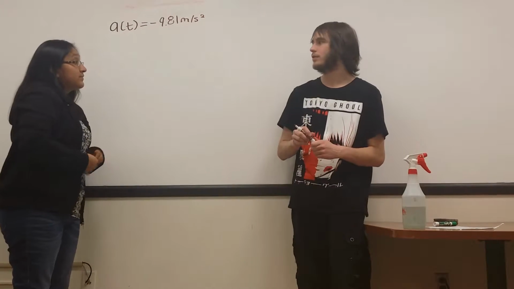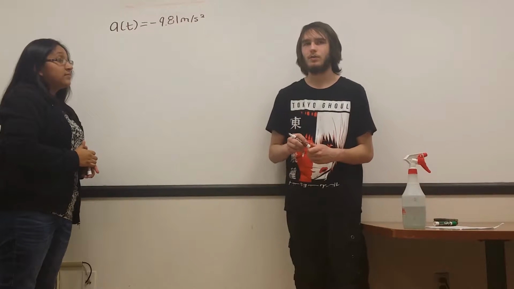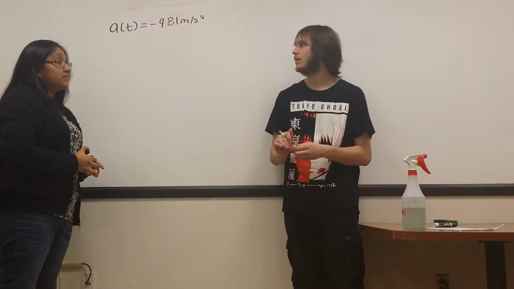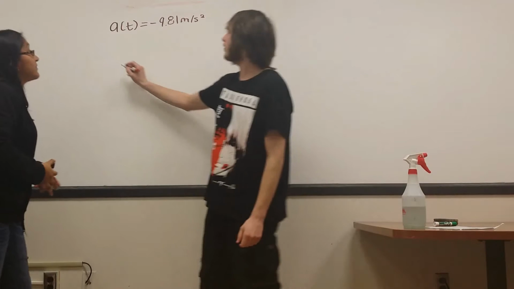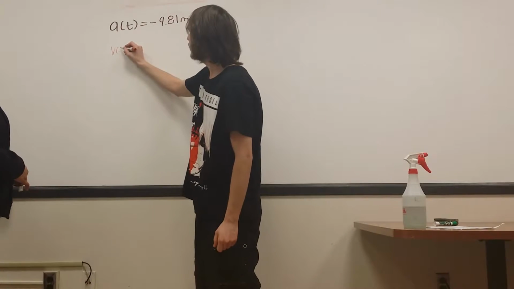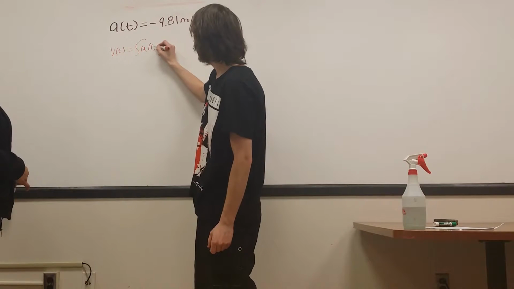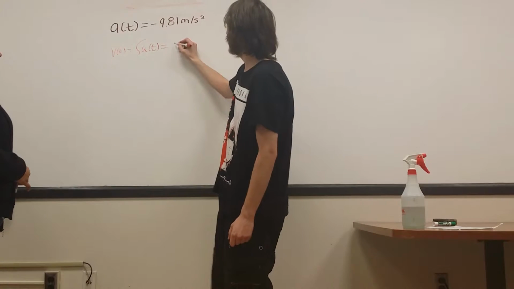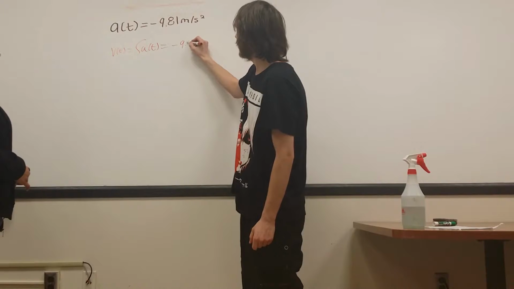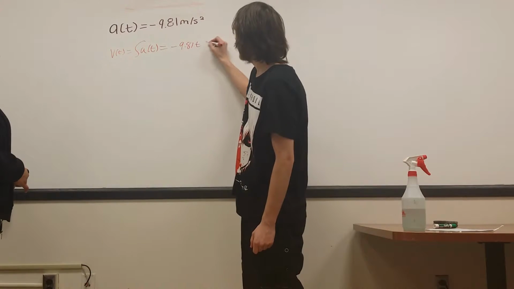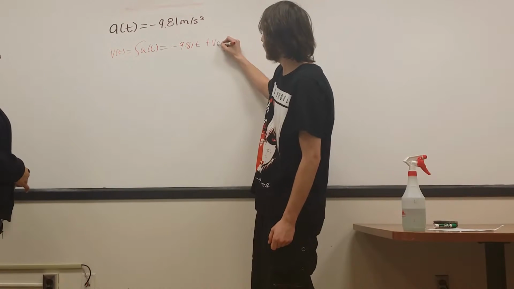Now we're looking for the distance function, which requires two integrals of the acceleration function. The first one, which is the velocity function, v of t, is equal to the integral of a of t, which is equal to negative 9.81 t plus v initial.